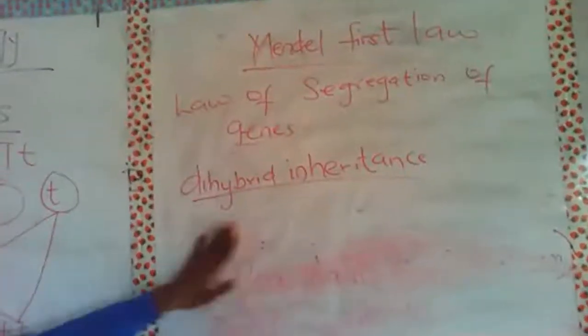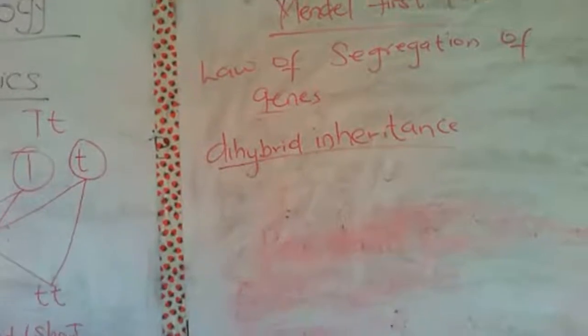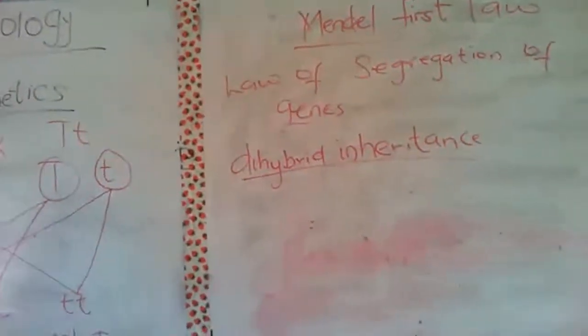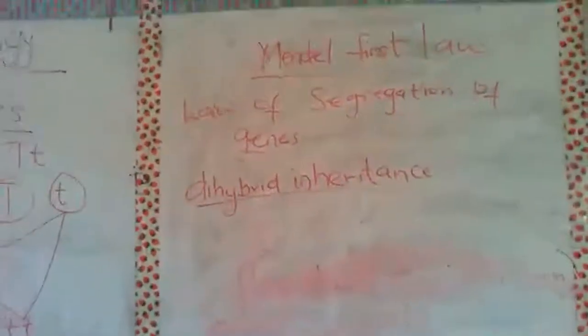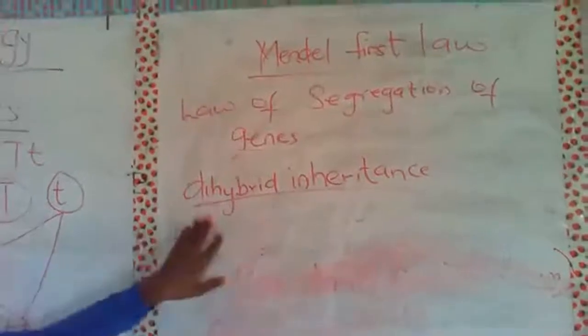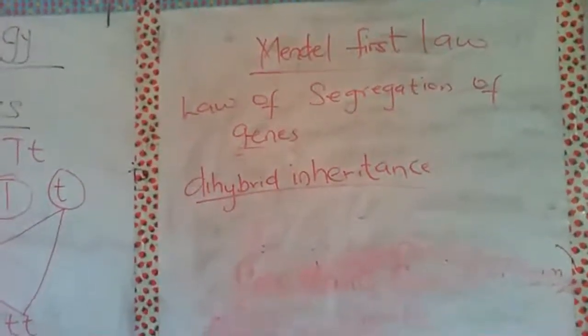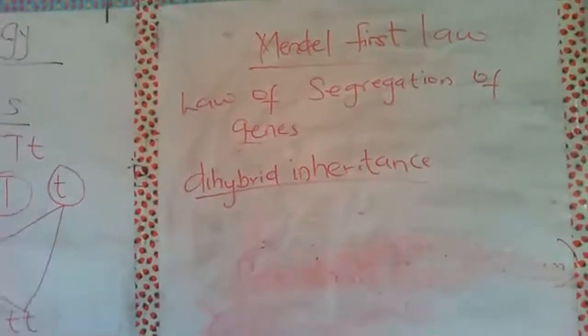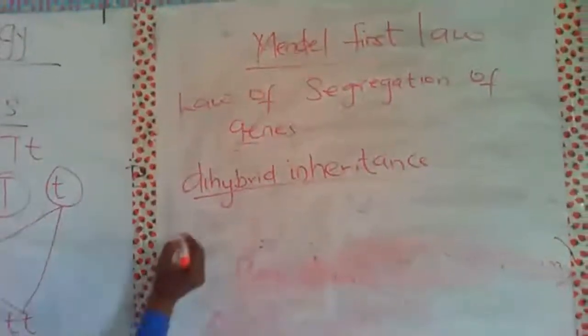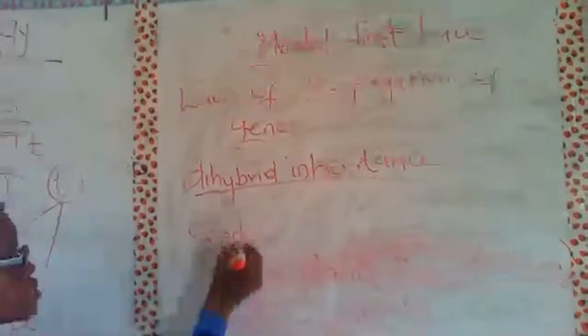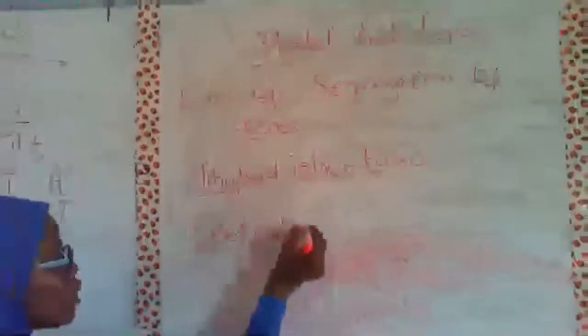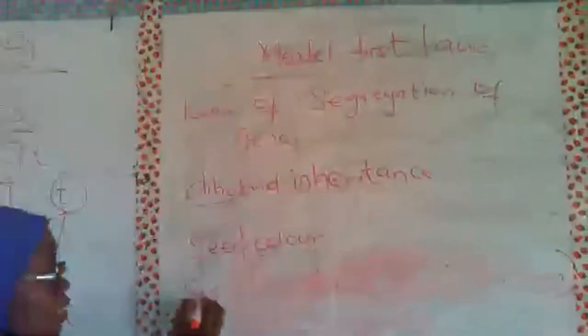What is this dihybrid inheritance? It involves two characters. It makes use of seed color and also seed shape.